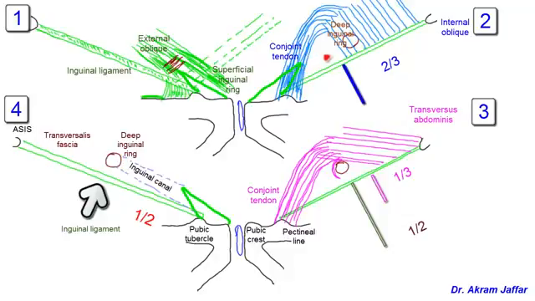So here we can find that the posterior wall of the canal is formed by the transversalis fascia here, and it is reinforced medially by the conjoint tendon, which is formed by the internal oblique muscle and the transversus abdominis muscle, as well as reinforcement by the fibers here, the reflected part of the inguinal ligament, the fibers that extend upwards and medially from the inguinal ligament. So these form the posterior wall of the inguinal canal.